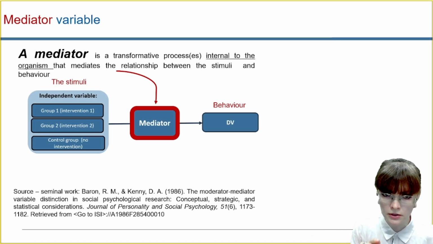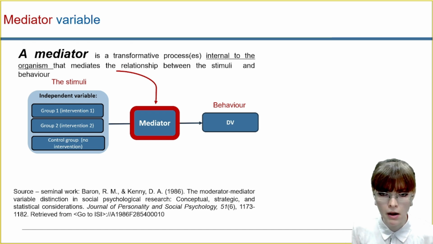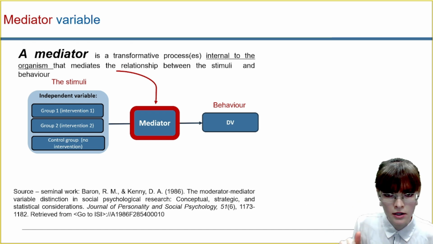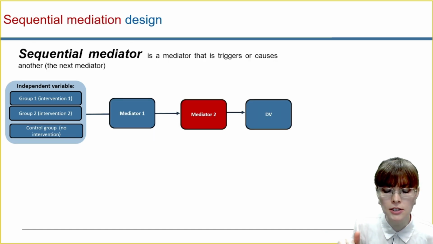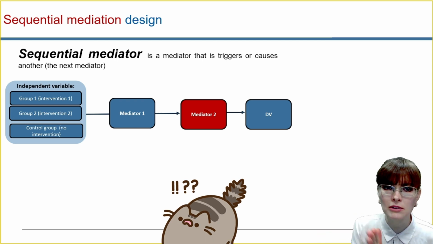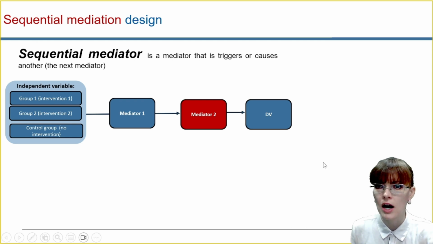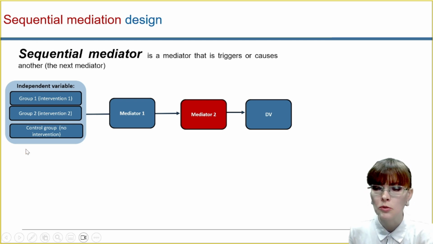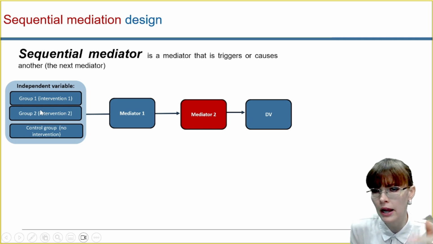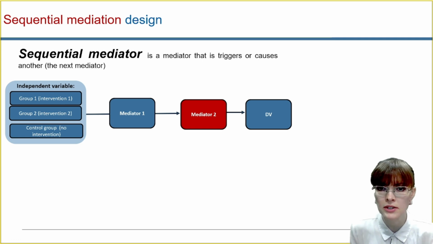Keep this visualization, this schematic in mind, and here comes the sequential mediation experiment. This is how it visually looks. In this case, we have our independent variables, which have three types of interventions: two with the actual manipulations that we are doing, and a control group, which doesn't have an intervention.